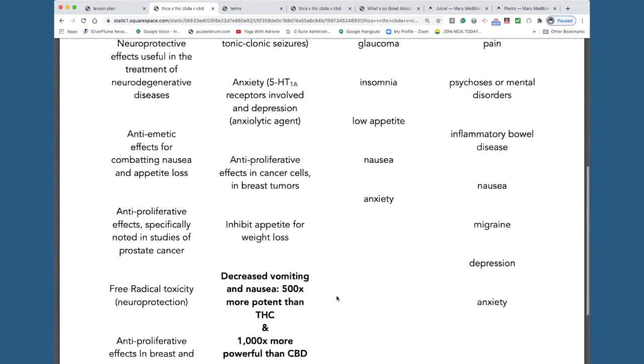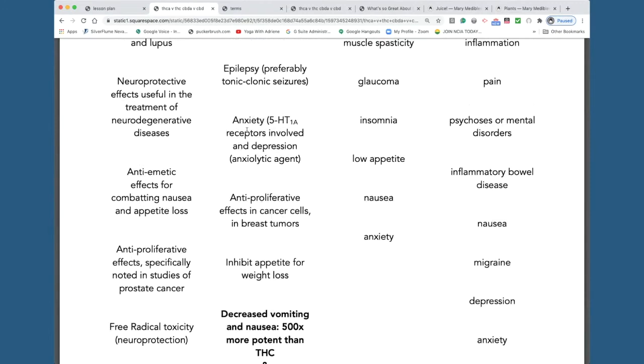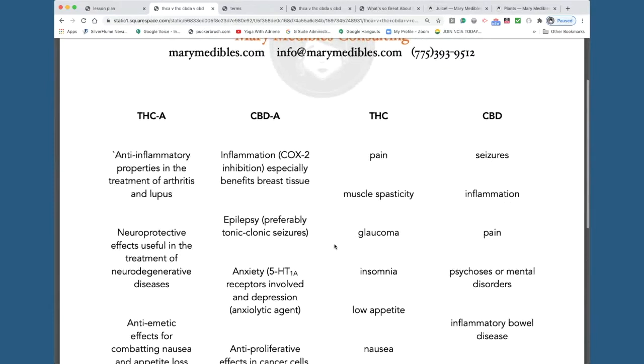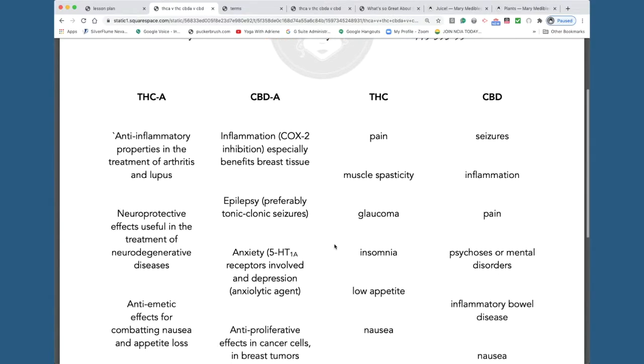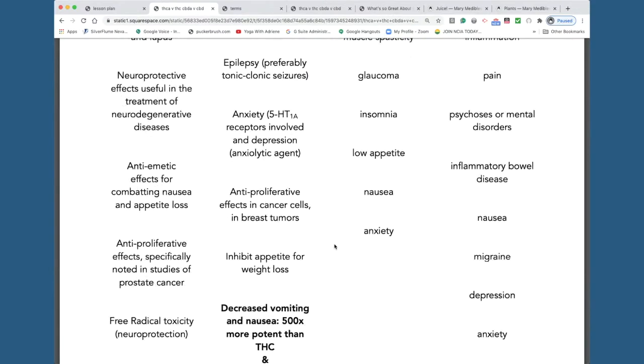So if you're having anxiety attacks, or really intense anxiety, you might want to look to CBDA because it might drive it home more. Or if you just have really bad day-to-day anxiety, CBDA might be a bit stronger than CBD for your system, because it's so much stronger in our bodies.